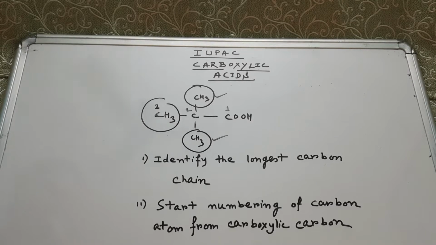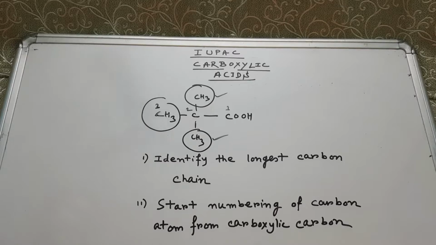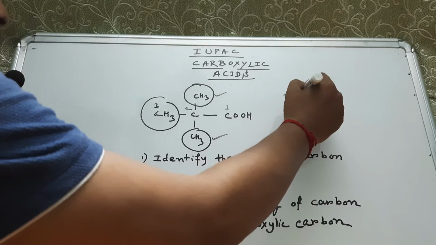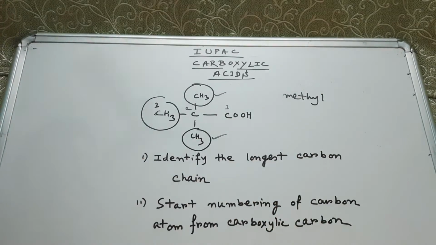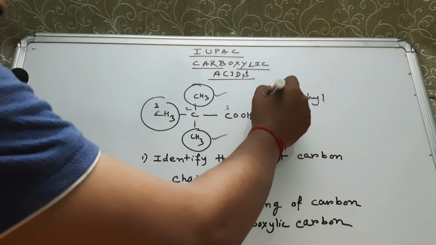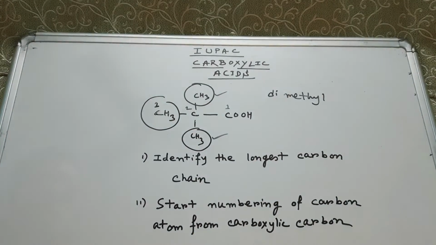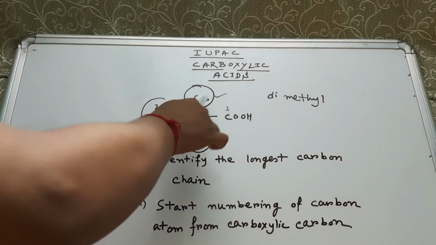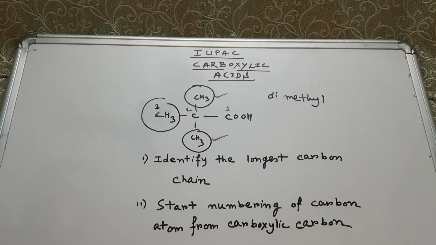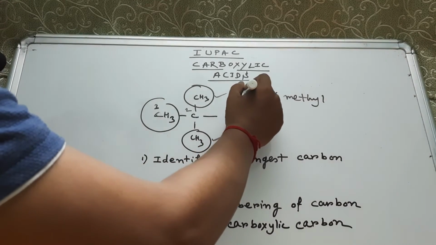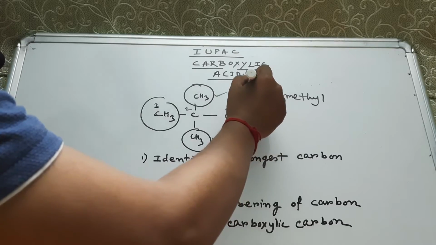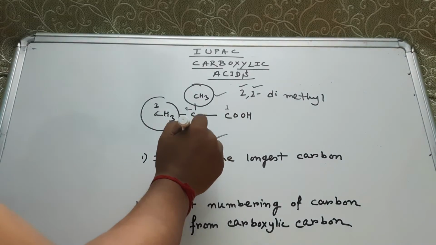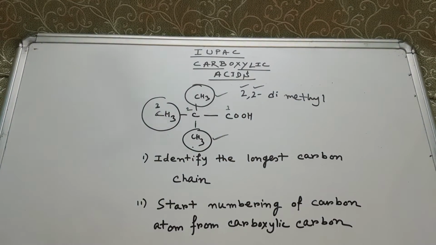Before numbering, you should tell what the substituents are and their positions. The substituents are the two methyl groups, so it should be dimethyl. And where are the two methyl groups attached? They are attached to this second carbon. So you should write 2 comma 2. Why 2 comma 2? Because one 2 is for one methyl group and the other 2 is for the remaining methyl group.